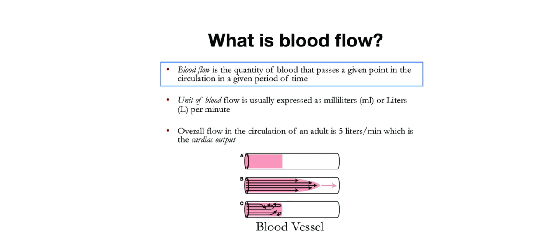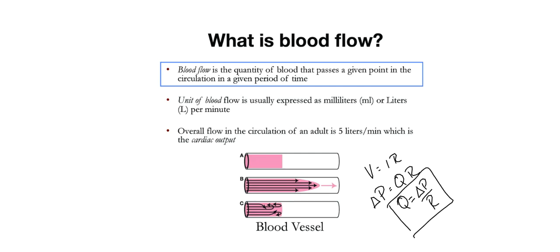So V equals IR is the same thing as pressure, in this case it's actually delta P, equals Q times R. Okay? So if you're solving for Q, you're specifically going to be looking at delta P over R. This will show up on a slide in a little bit. But this is Ohm's law for hemodynamics.